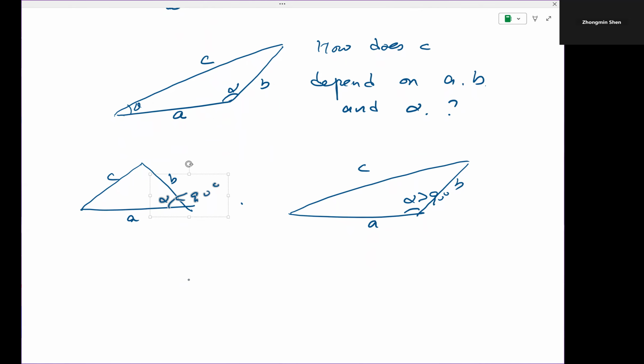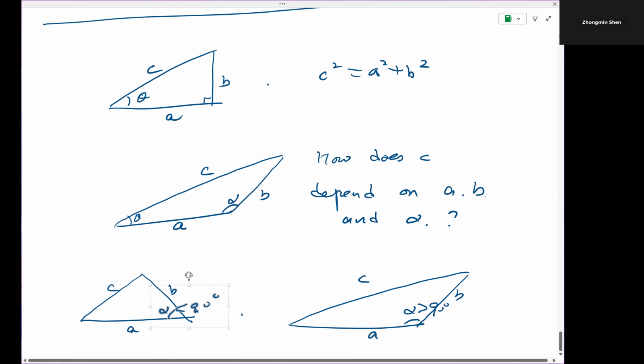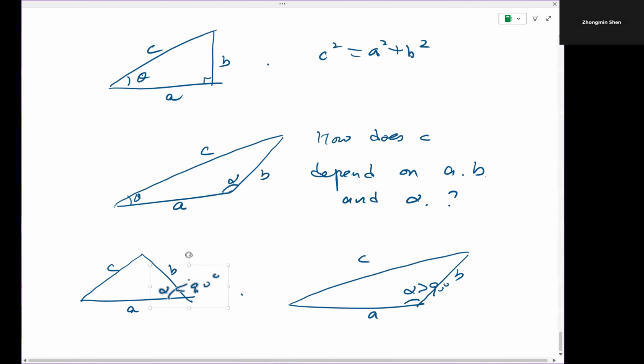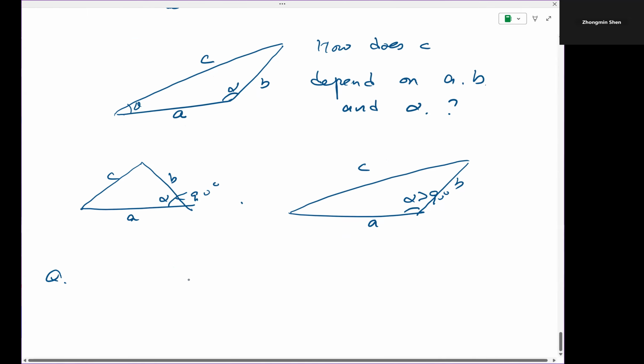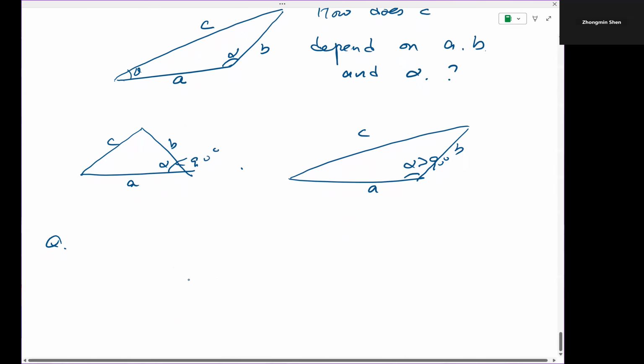Being a scientist, you have to constantly ask questions. It's not like, oh, I'm satisfied with the simple case. Then you look at this picture. Sometimes you're given specific numbers, and you can solve it by yourself.